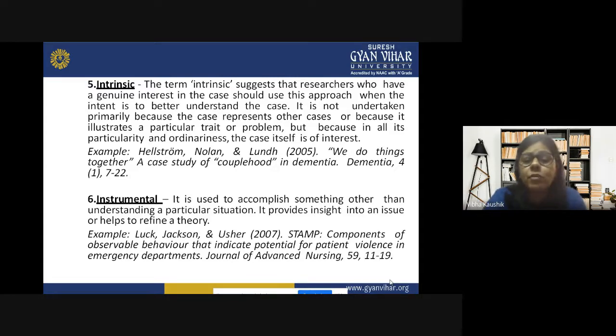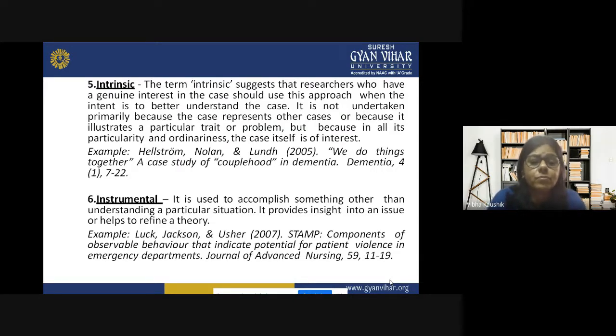And this type of case study is used to accomplish something other than understanding a particular situation. It provides insight into an issue, means we will have a deep understanding of a particular issue, or helps to refine a theory. And with the help of that particular case study method, we can refine a theory also.